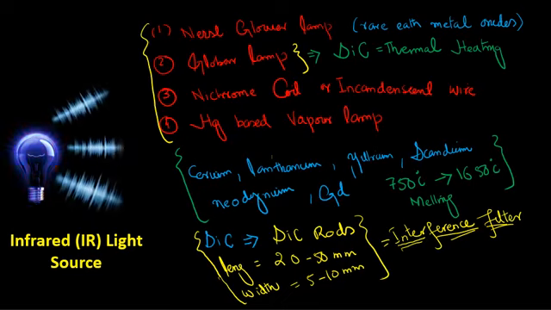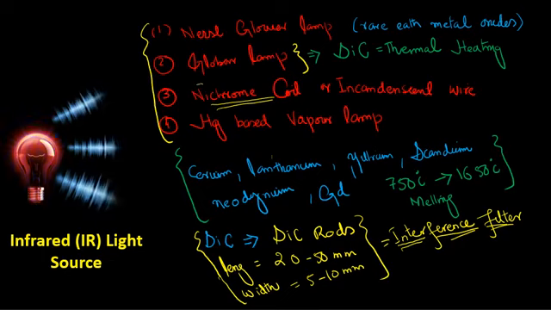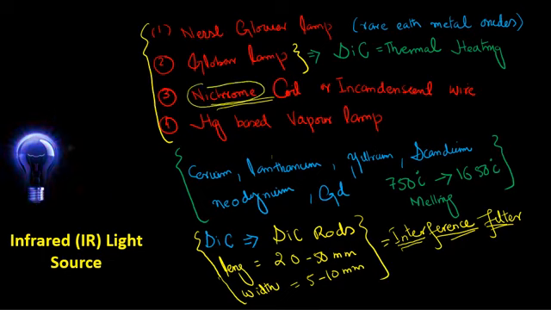Apart from this, incandescent wires or coils are also used in infrared spectroscopes, but they are very limited. Commonly, nichrome wire or nichrome coil is used, and an electric potential is applied across these coils, and due to the electric potential and thermionic emission, they generate infrared radiation.